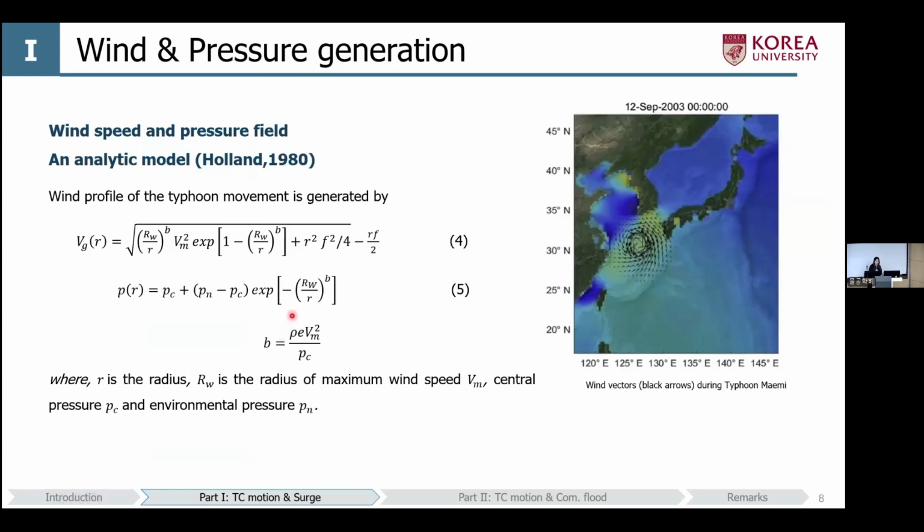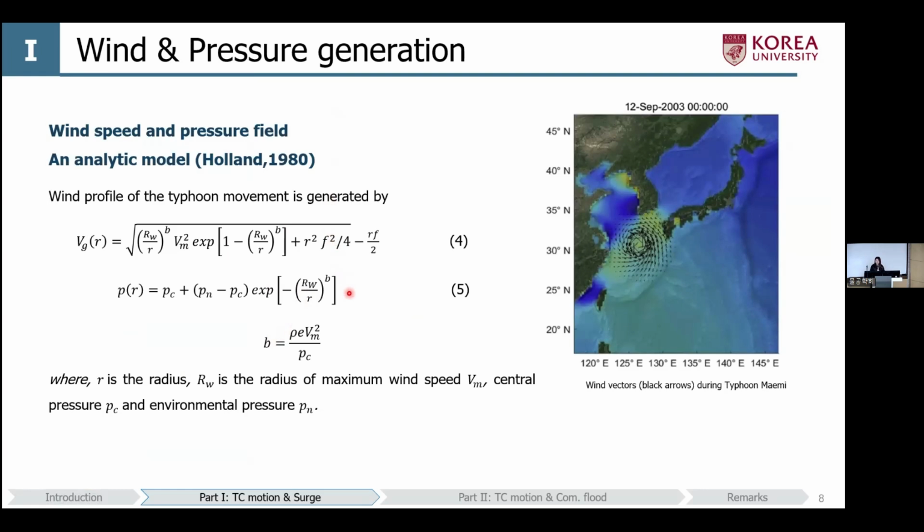As I mentioned, we need to generate the tracks in the future. If we want to get some evaluation of the future scenarios, we need a model to get the future wind and the pressure under the typhoon. So in this case, we use a famous parametric model, the Holland model.